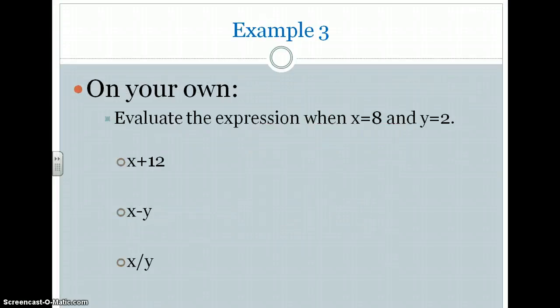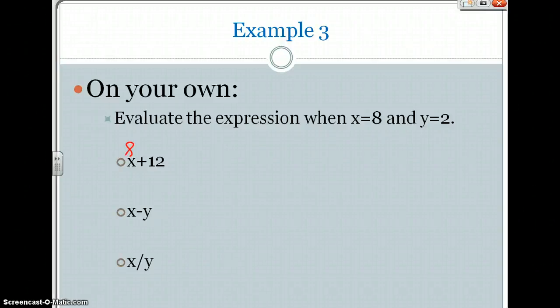And moving on to the next page. Evaluate the expression when x equals 8 and y equals 2. Okay, if x is equal to 8, then 8 plus 2 is equal to 10. Alright, when x equals 8 and y equals 2, then 8 minus 2 is going to give us 6.